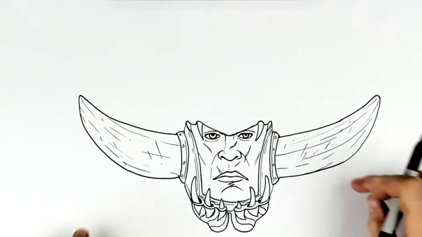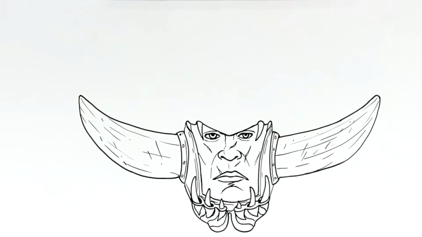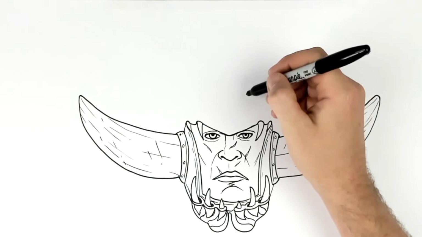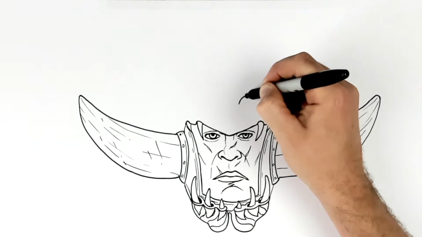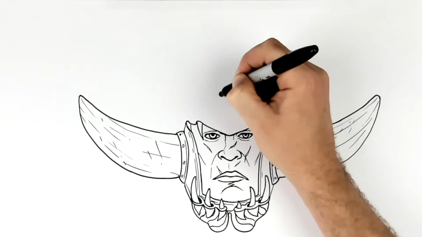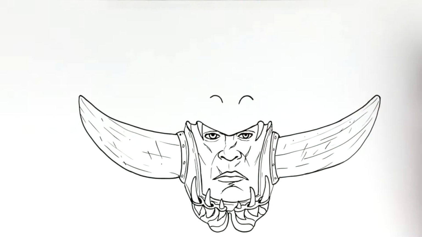Right. Now we're trying to go up here and deal with what's above his face. Right, so tiger, right? Well, lion, should I say. Nostrils here, right? So we'll just do curve line, right?